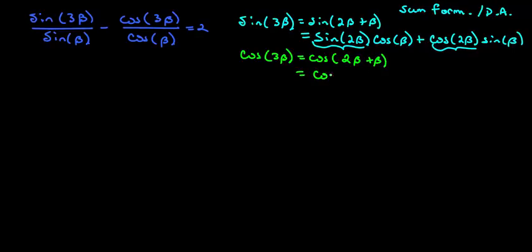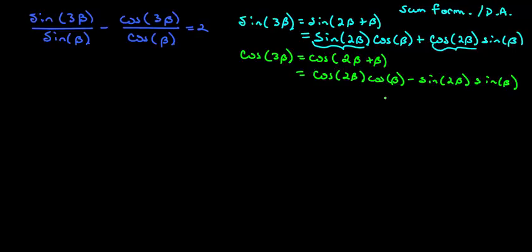So that's going to be equal to the cosine of 2 beta times the cosine of beta, minus the sine of 2 beta times the sine of beta. Now what I'm looking for here is maybe some terms that are common, but I don't have anything yet.